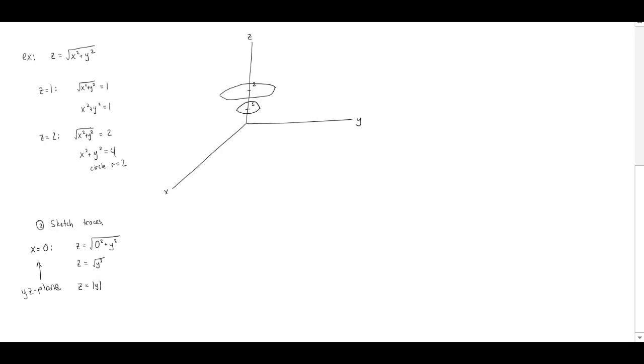So when we look at this trace where x equals 0, we're looking at the part of the surface which is in the yz plane, all right? And in the yz plane, what we have is this equation z equals absolute value of y. Do you guys remember what the absolute value graph looks like? A V shape, yeah. So the yz plane, it should look something like this.